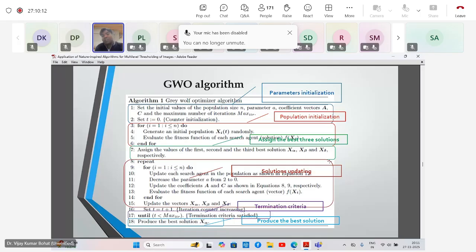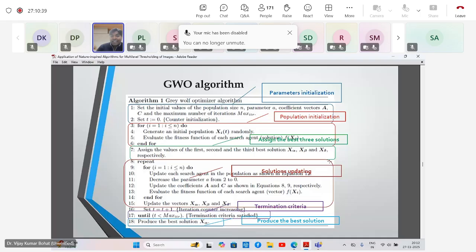In the GWO research paper, its value linearly decreases from 2 to 0, so it's kind of fixed. Coefficient vector A is completely dependent upon a and a random number, so again it's not a tuning parameter. C is again 2 times R, a random number, and then the maximum number of iterations, max IT. So ethically, we can say that there are no tuning parameters in the Grey Wolf Optimizer.